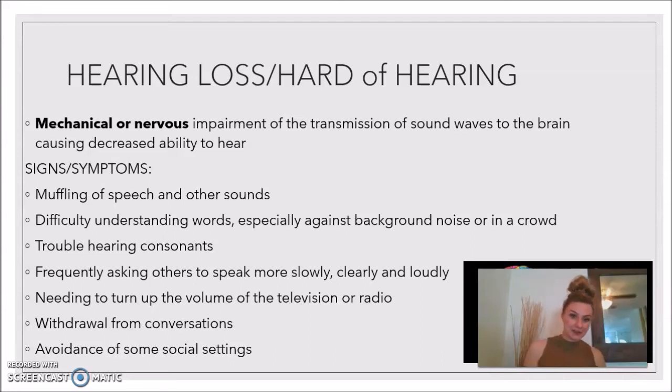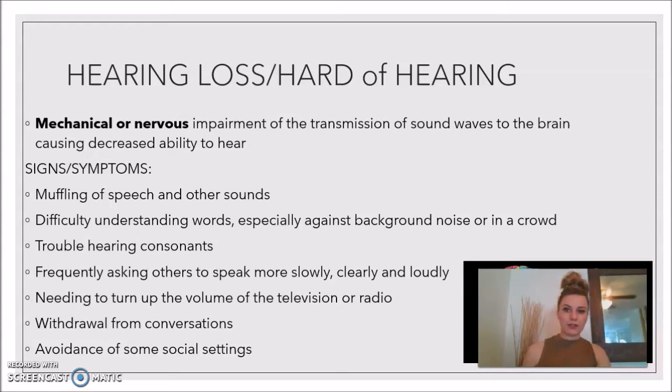I know I see that with my grandparents sometimes. Withdrawal from conversation: a lot of people, because they can't hear, will just withdraw from the entire conversation itself. I see that all the time in my grandfather. And also avoidance of different social settings.